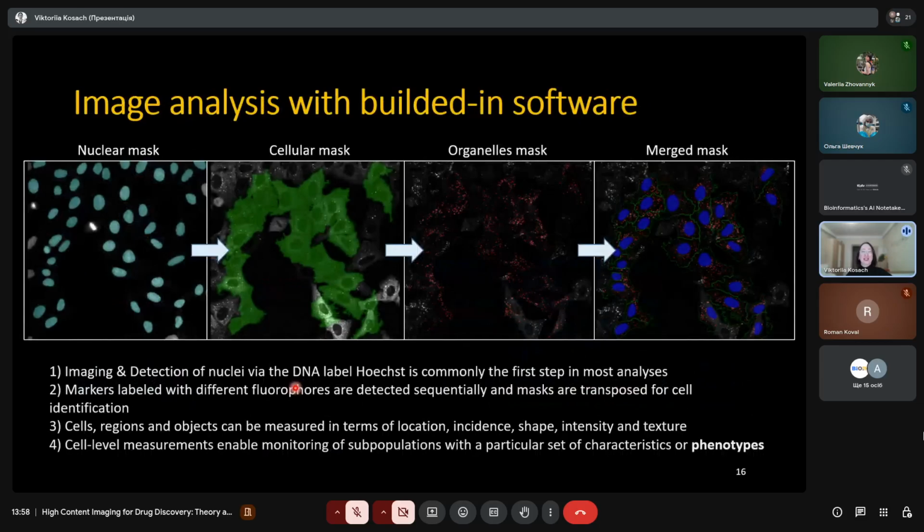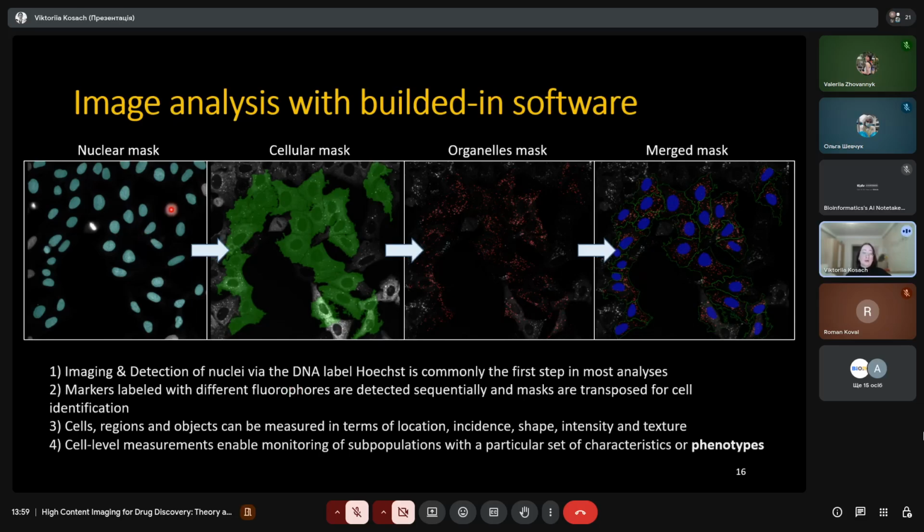Okay, so we already have our assay, and one of the last steps is image analysis. All automated microscopes have inbuilt software that came from the vendor that does a first stage of image analysis.